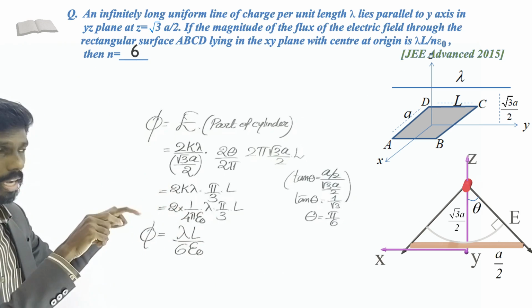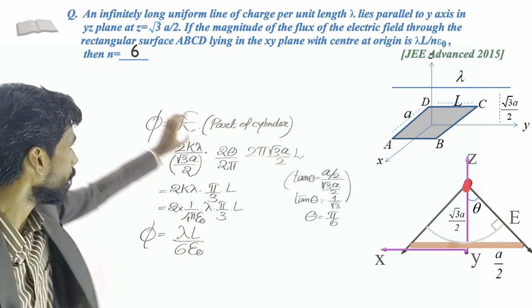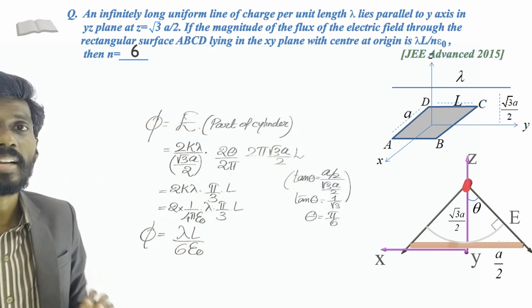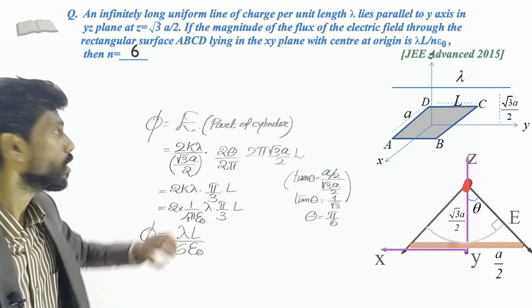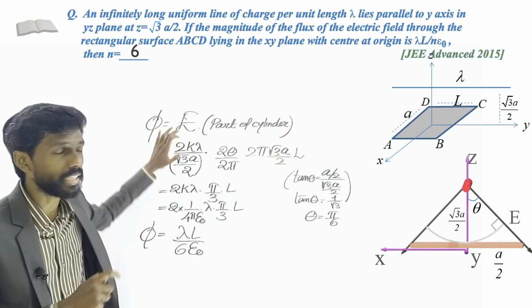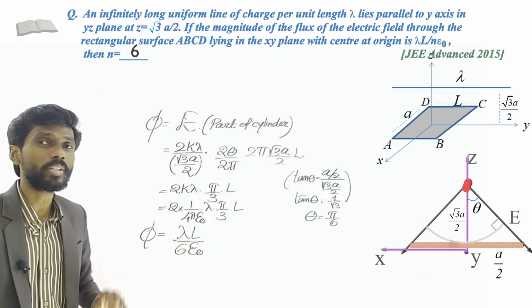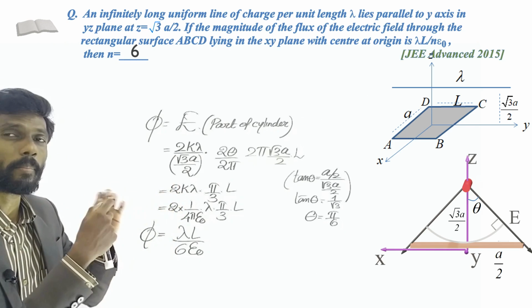So that rectangular plate. What we did is simple. Electric flux is the electric field multiplied by the area, which area? The area in the perpendicular direction. Here the electric field is not perpendicular to the surface, so as usual, we found the projection of this area in the perpendicular direction, but that happens to be a part of a cylinder.